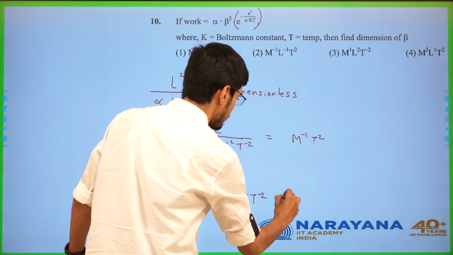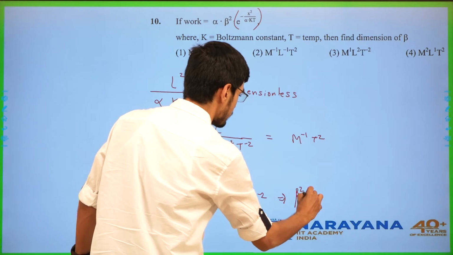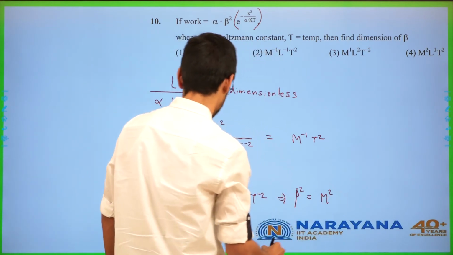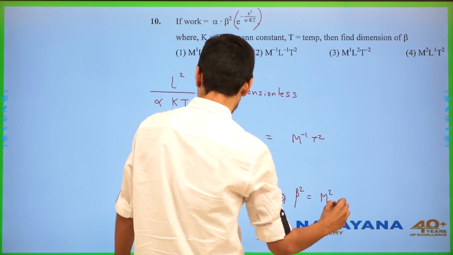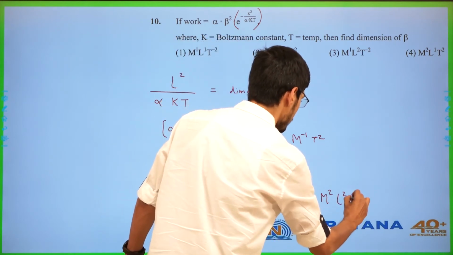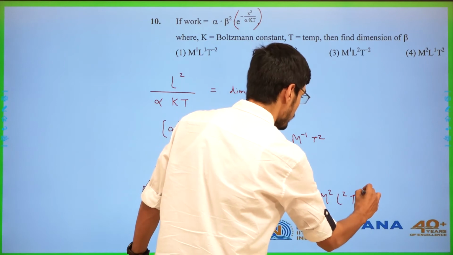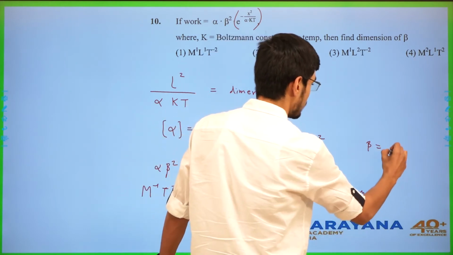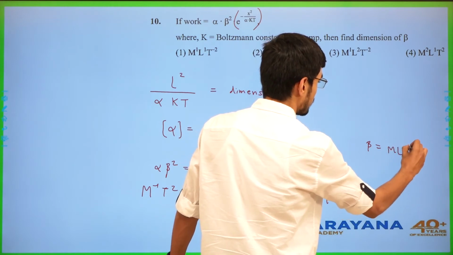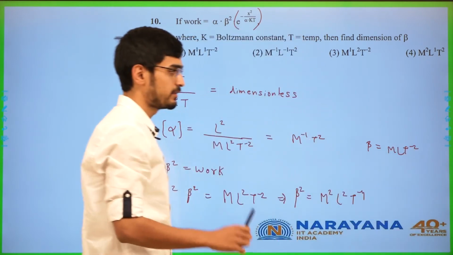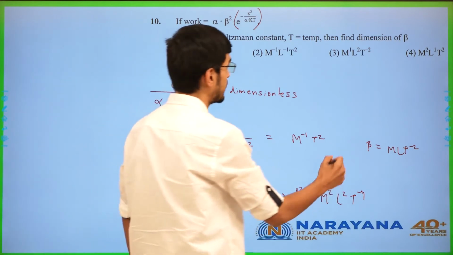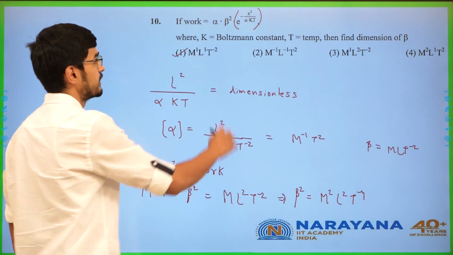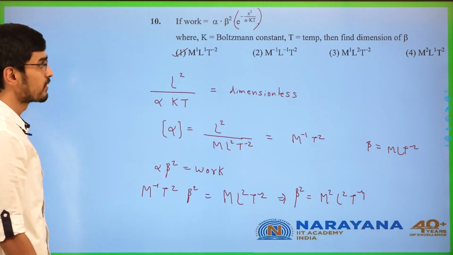We can simplify this to get dimensions of beta square as M square L square T power minus 4, and therefore the dimensions of beta are going to be equal to M L T minus 2. That will be the dimensional expression for beta. So as we see in the options, the first option is correctly indicating that, hence that is the correct key.